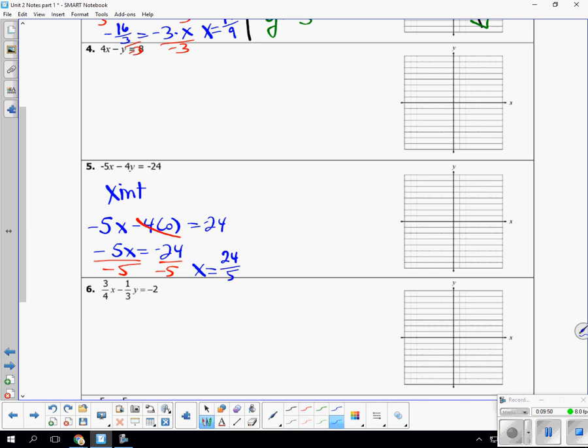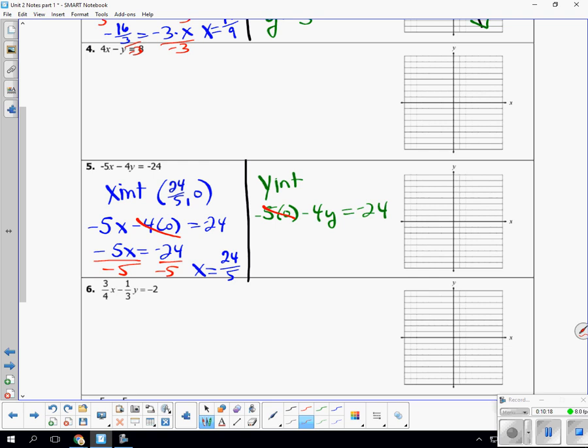So my x-intercept then is going to be 24/5, comma 0. And my y-intercept, again, for my y-intercept, I'm going to plug in x equals 0. So I'm going to have negative 5 times 0 minus 4 times y equals negative 24.